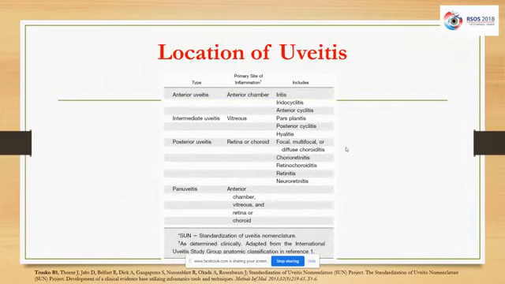So the first item is the location. The subtypes of the anterior uveitis include the iritis, the iridocyclitis, and the anterior cyclitis.